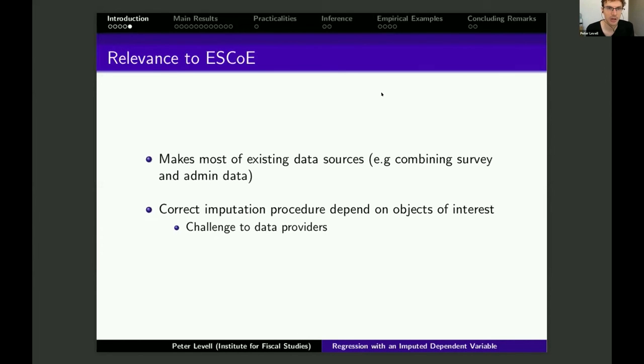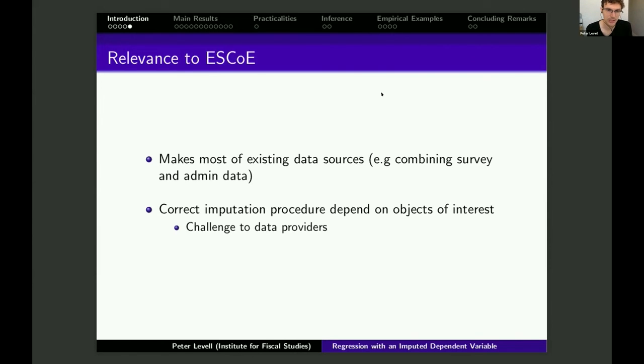The relevance of all this work to ESCoE is that it's about making the most of existing data sources rather than throwing away data because it doesn't contain information on all the variables you want. We show how you can make the most of the data we have, for example, by combining survey and administrative data.